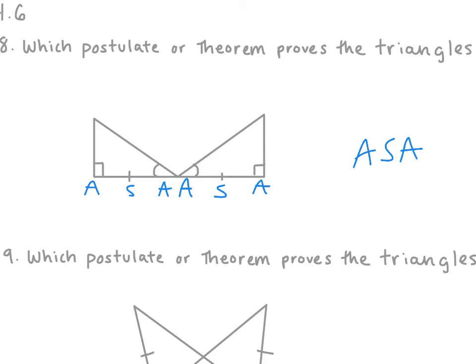It's ASA because the side that's congruent to this side is in between the two congruent angles. So that's why this S has to be in between the two A's. We're talking about the included side, which is the one in between this angle and this angle.